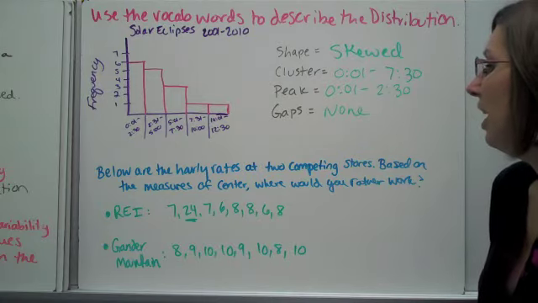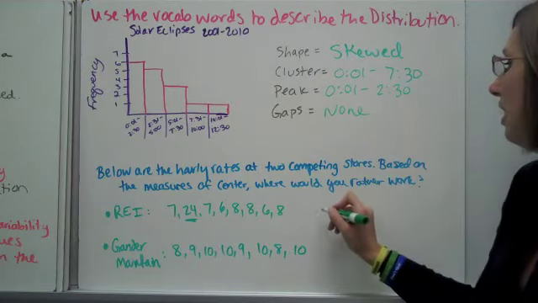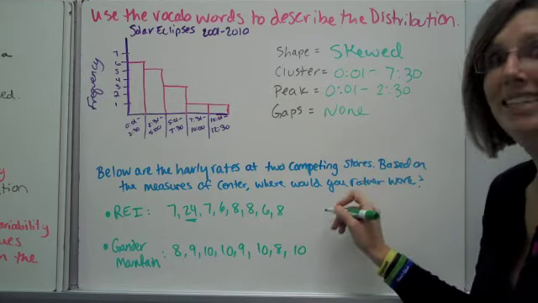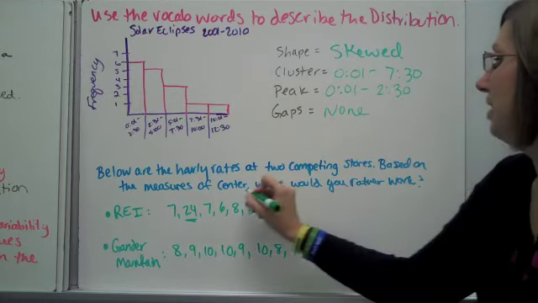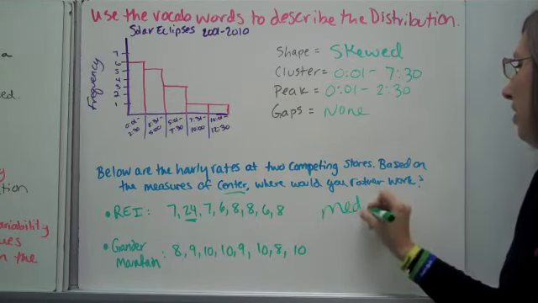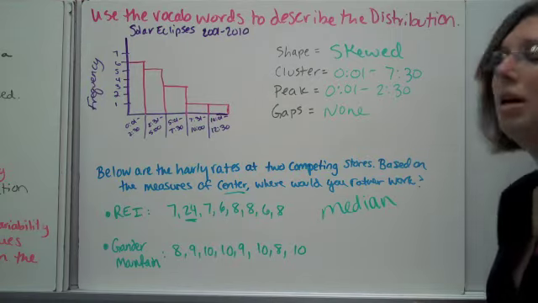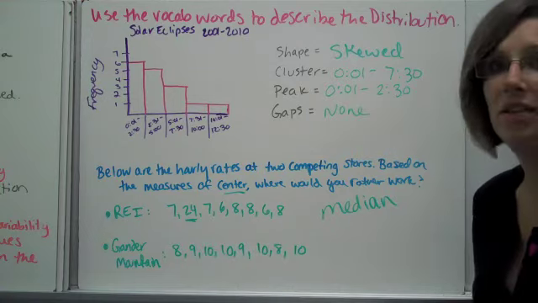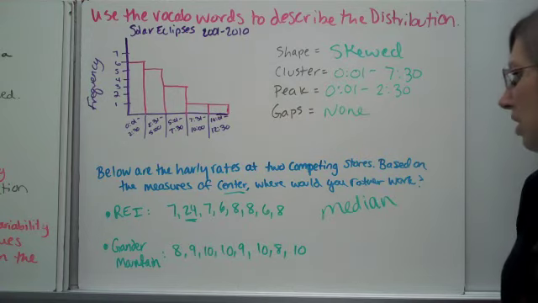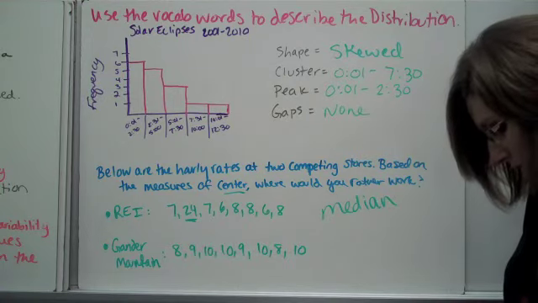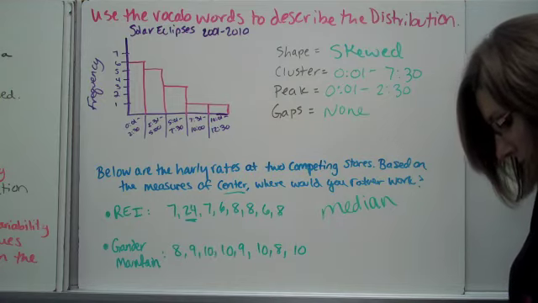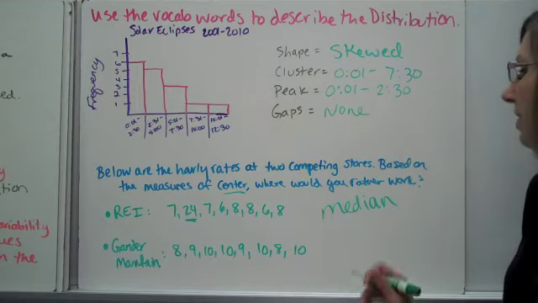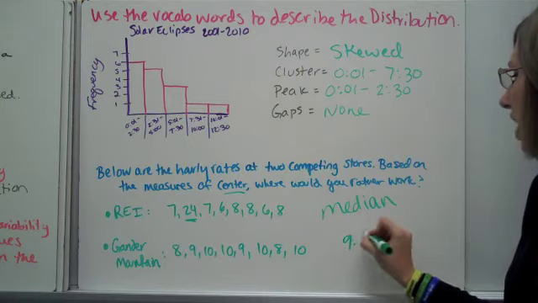So I would not use the mean to figure out the measure of center. I would use the median. That would be a more accurate representation of the hourly rates at REI versus Gander Mountain. The median for Gander Mountain is $9.50, which ends up being the higher one.